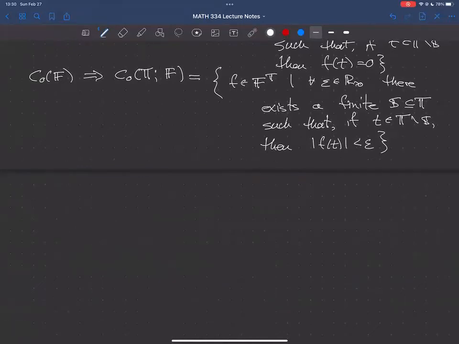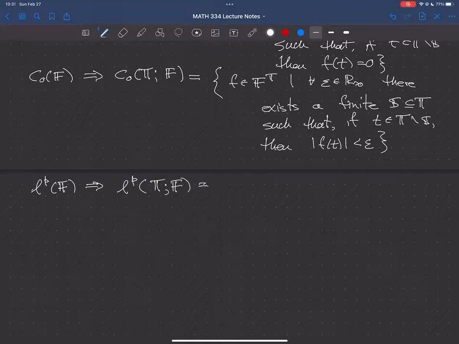Then there's the little lp spaces, and I'm just going to do them all at once. So I'm not going to do l1 and l2 separately. So there's lp of F as a sequence space, and here we're going to have little lp of T, F, and this has the obvious definition. It's the set of all discrete time signals on T such that the p norm of f is finite.